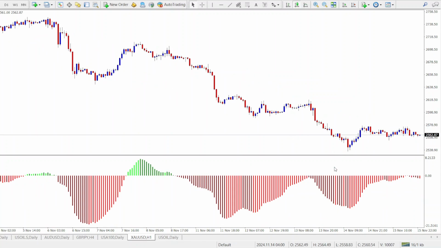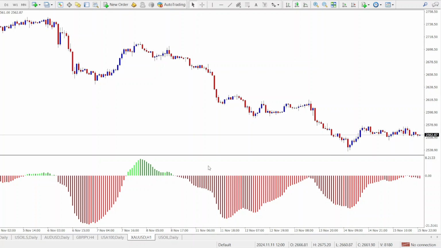As we can see, this indicator is just like the MACD indicator, the standard moving average convergence divergence indicator, right? This indicator shows us momentum. It tells us when there is buy momentum in the market and when there is sell momentum in the market.